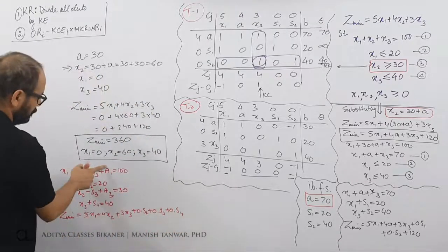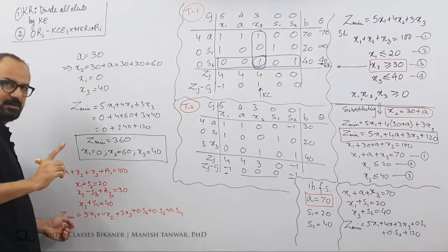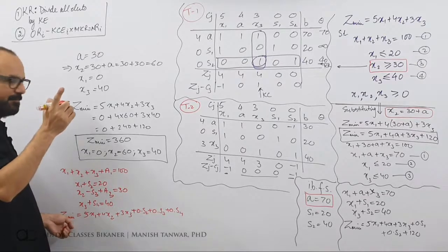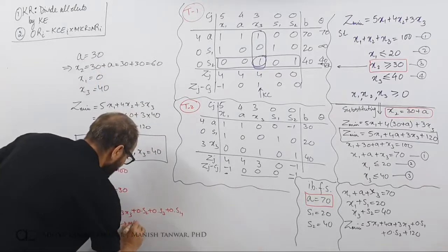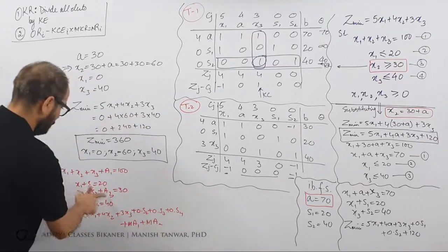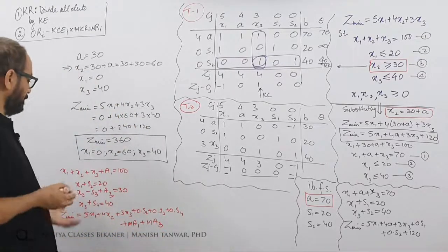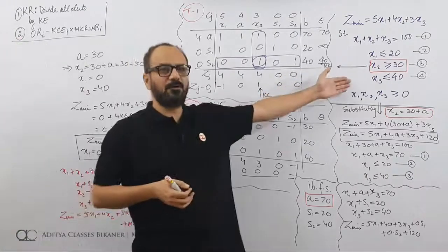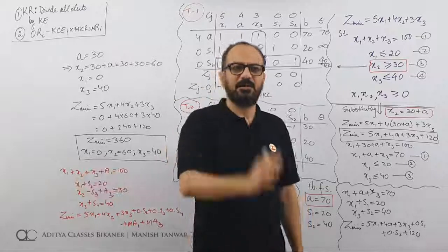Then there are two artificial variables. It is minimization, so the artificial variable gets multiplied by plus M. I am using the big M method. So it will be plus M a1 plus M a2. So this would have been our standard form of this given problem, which you would have solved the conventional way that we have studied.